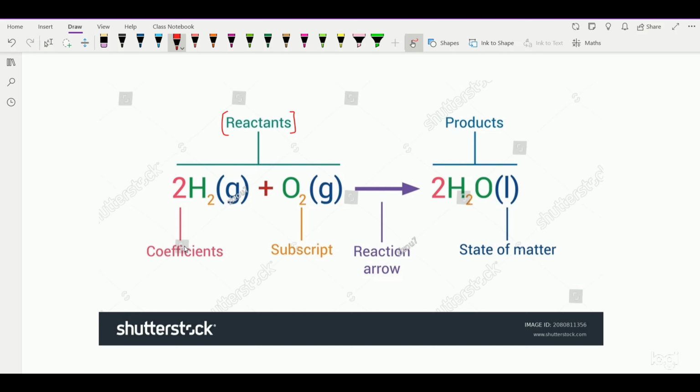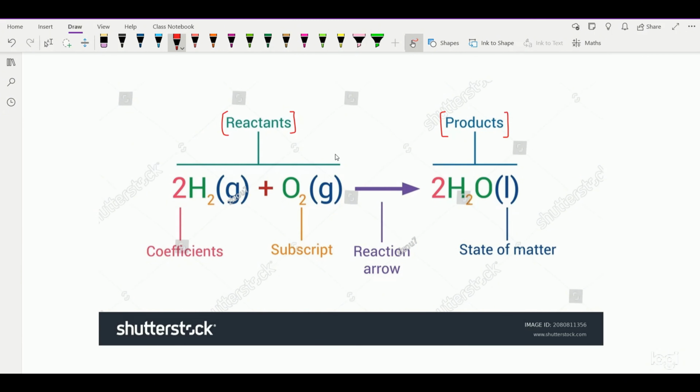Now the second part of the chemical equation would be the products. The products of the chemical equation are basically what you get out of the chemical reaction. When the reactants react with each other, they will form products.